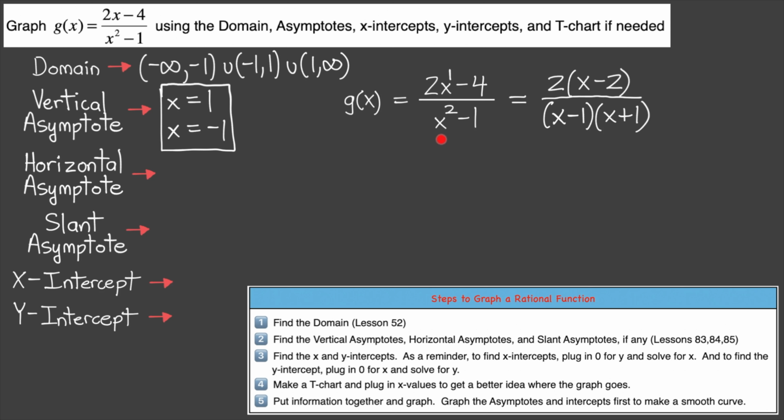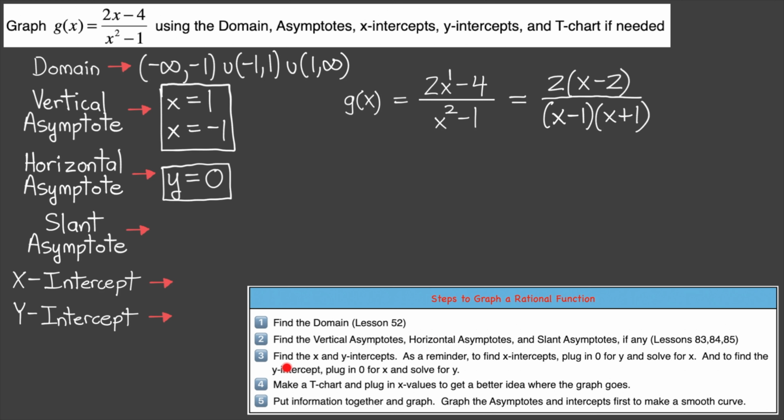Whenever a function is bottom heavy, the horizontal asymptote is automatically y equals 0. So I'll write that over here. So y equals 0 is our horizontal asymptote. Now, if we have a horizontal asymptote, there is not going to be a slant asymptote. You can't have both. You can only have one or the other, either a horizontal asymptote or a slant asymptote.